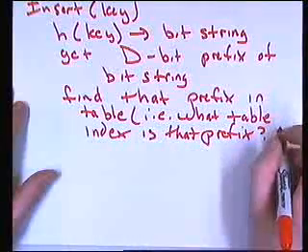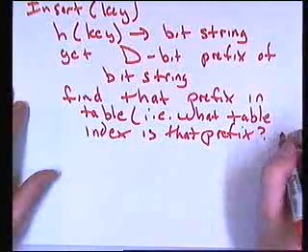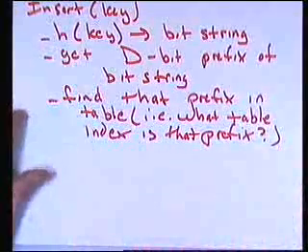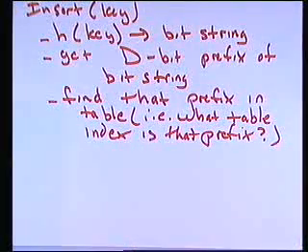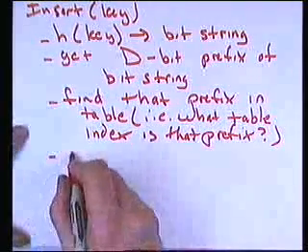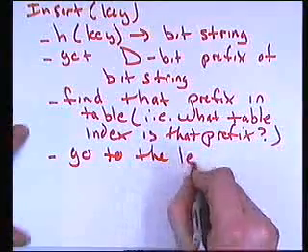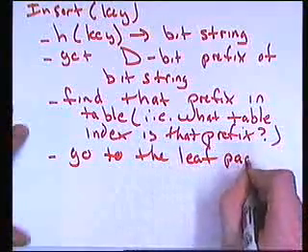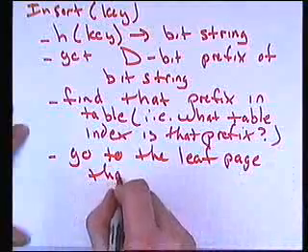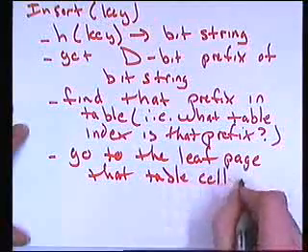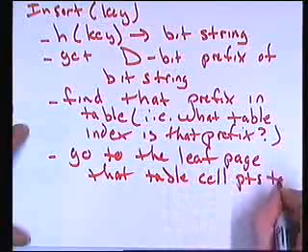If your prefix is 110, then that means 6. So those are the first 3 steps. You hash to the bit string, get the D-bit prefix of the bit string, find that prefix in the table, go to the leaf page that table cell points to.